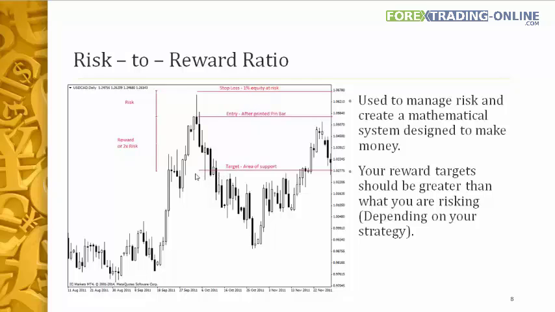And then your target would be over here, which would be twice the size of the risk. So this would be a potential 1 to 2 risk to reward ratio.